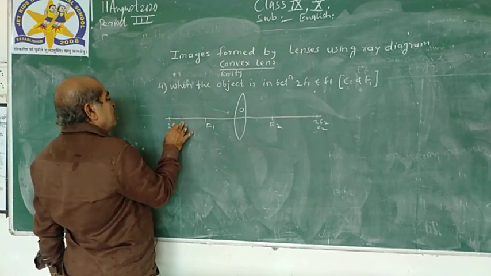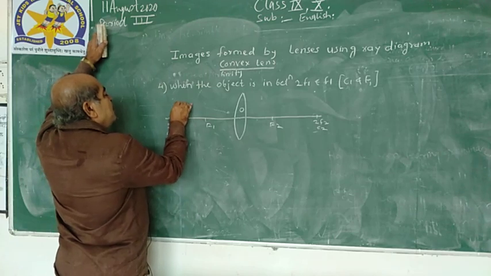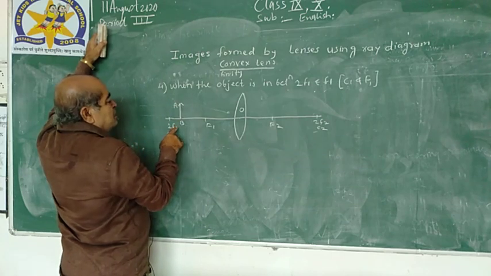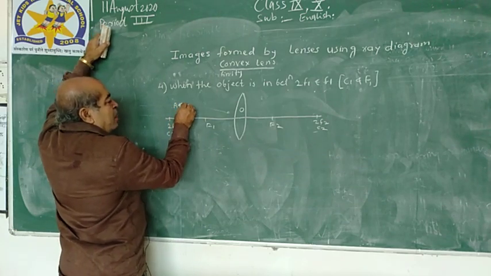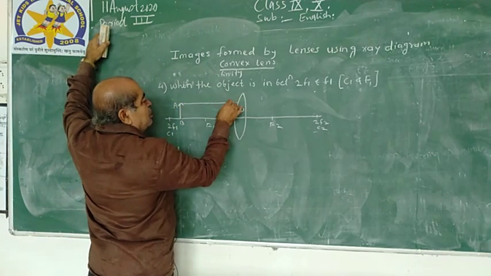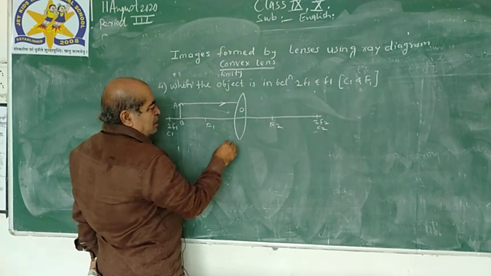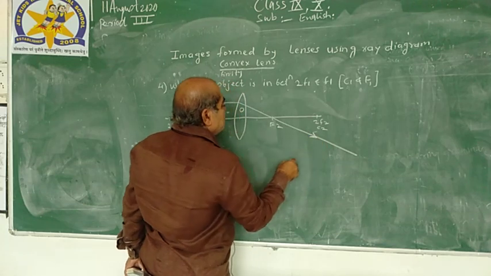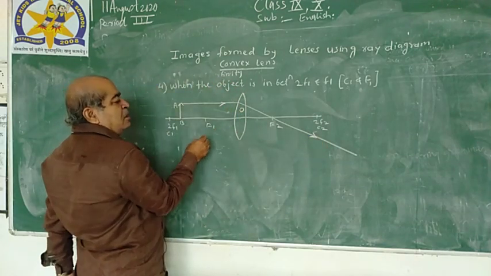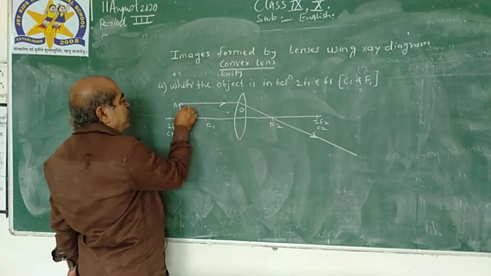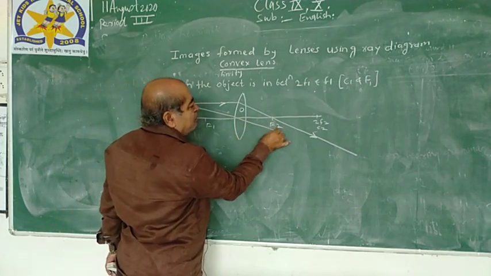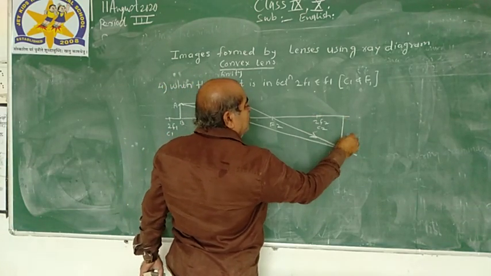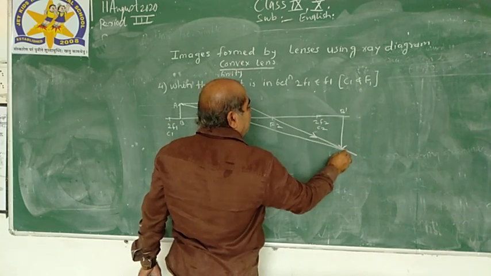So when the object is in between twice F1 and F1, the ray of light parallel to the principal axis, after refraction, passes through the principal focus on the other side, and the ray of light passing through the optic center emerges without any deviation.